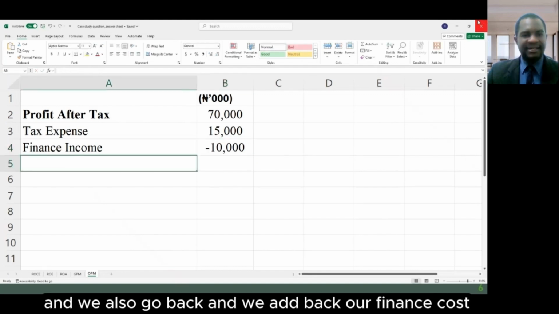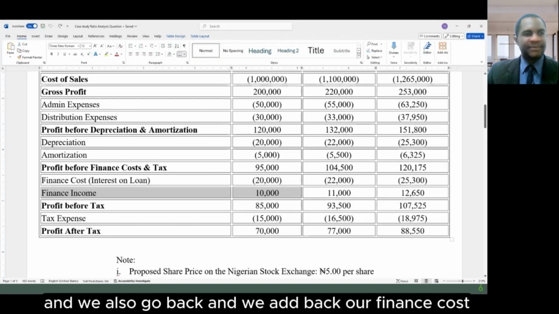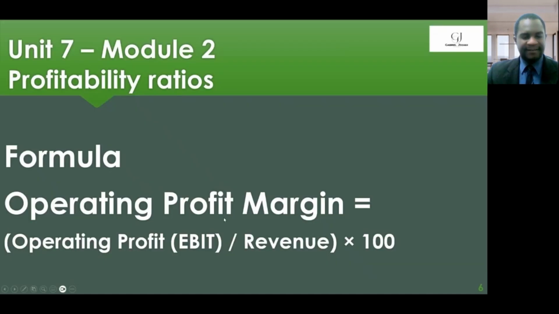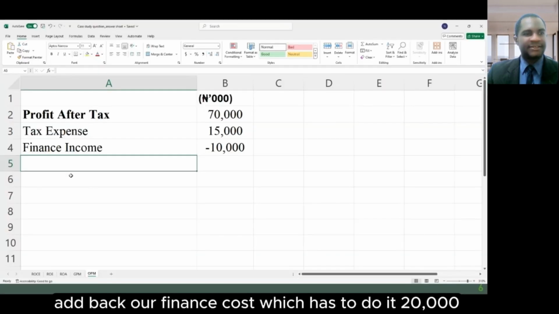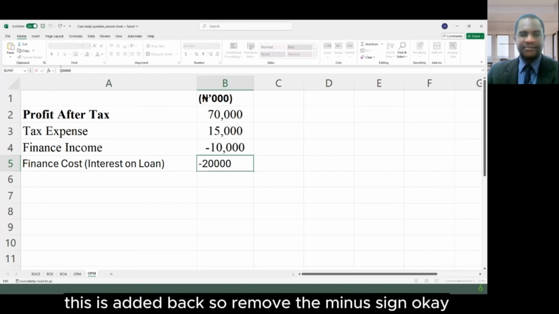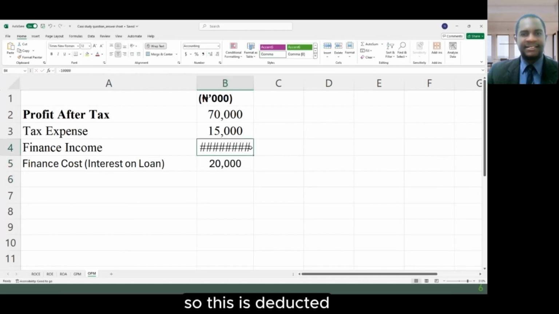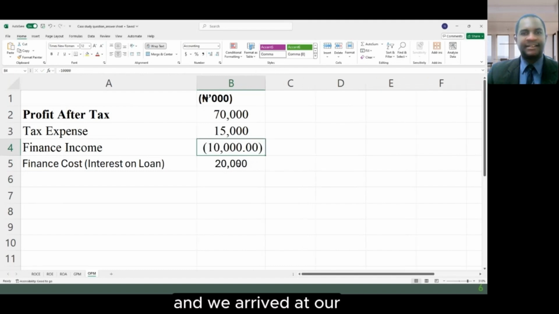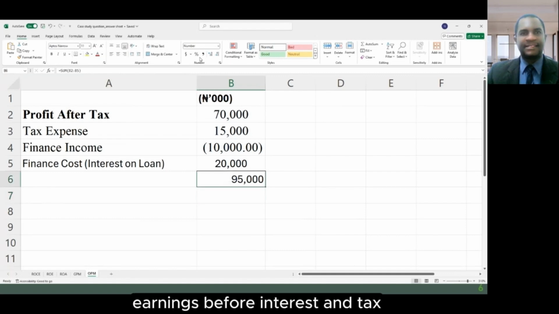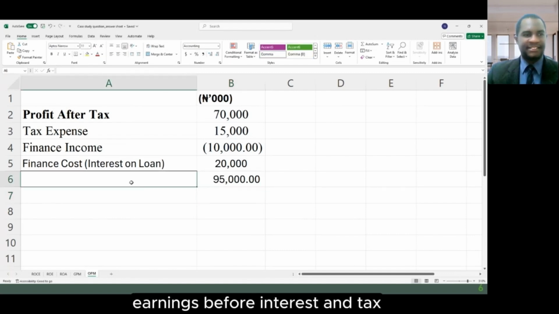Then we also add back our finance cost, which is 20,000. This is added back, so remove the minus sign. And we arrive at our earnings before interest and tax.